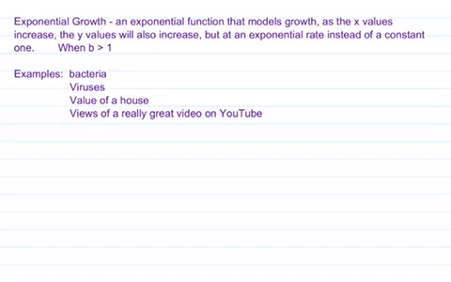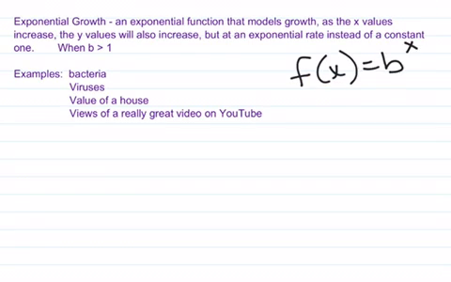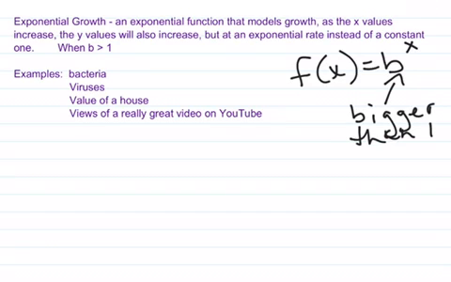So an exponential growth model happens when the b value of b to the x is greater than 1. When the b value is bigger than 1, we have an exponential growth situation.